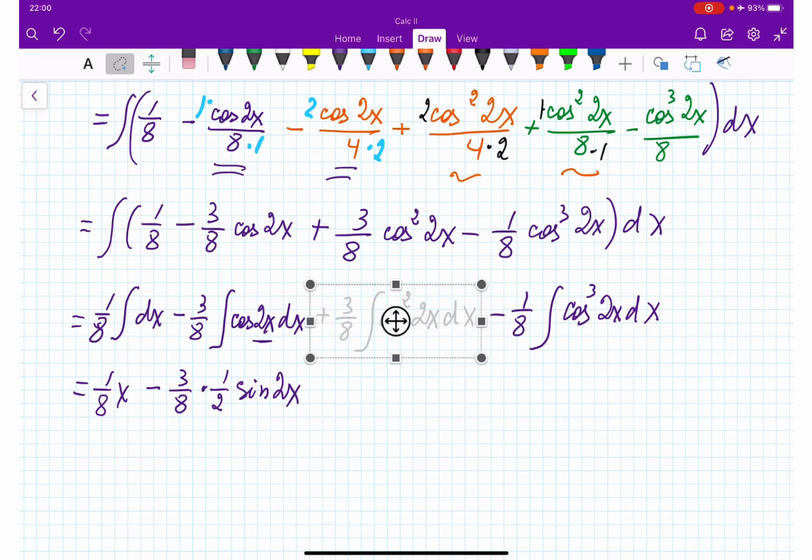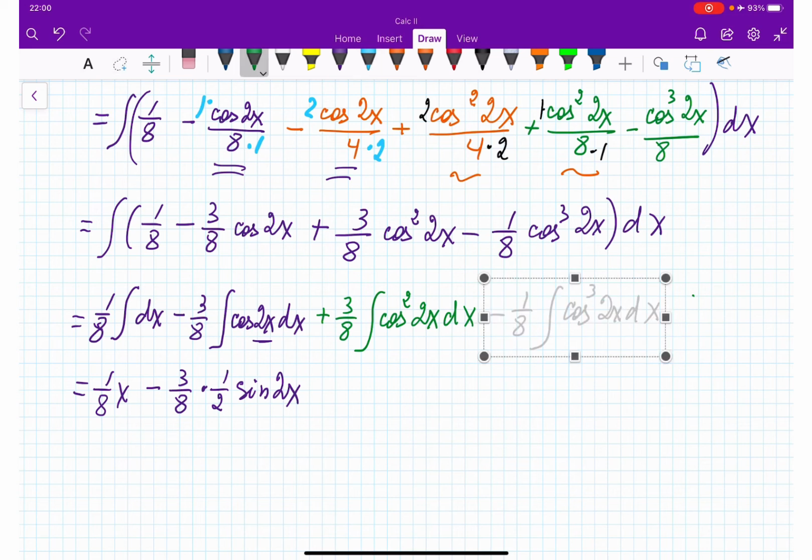I'm painting this green because I'm going to work this out. And this one, I'm going to paint light blue. And I'm going to work with them. So, yeah. Okay.